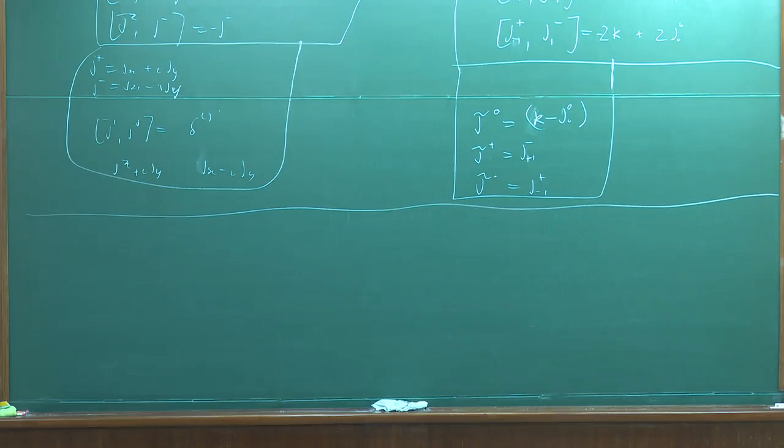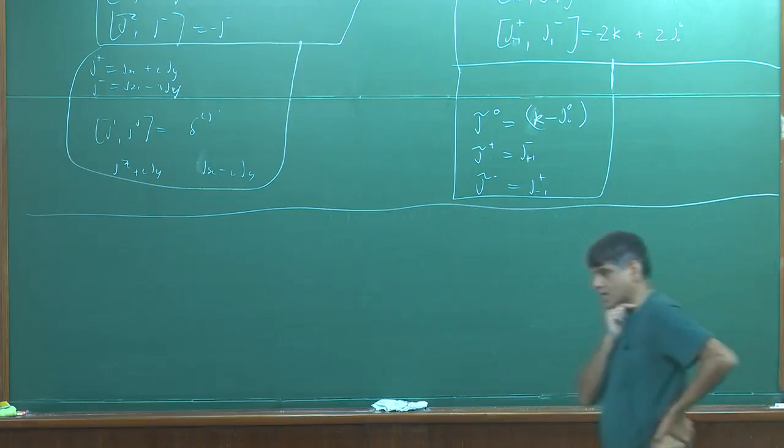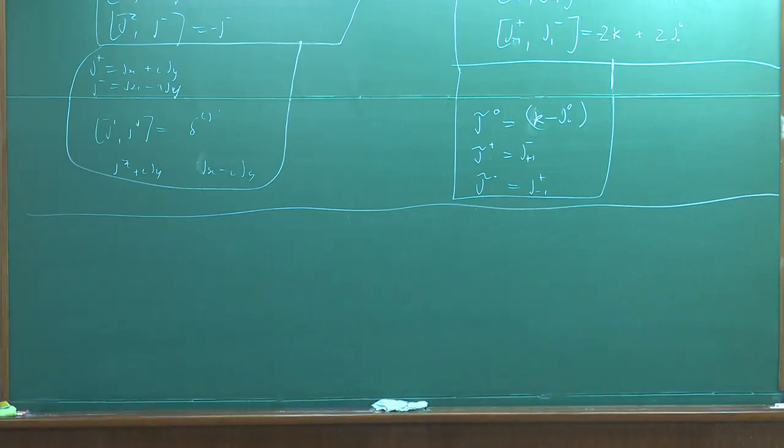And then we have to take j0 as 4k minus j0.